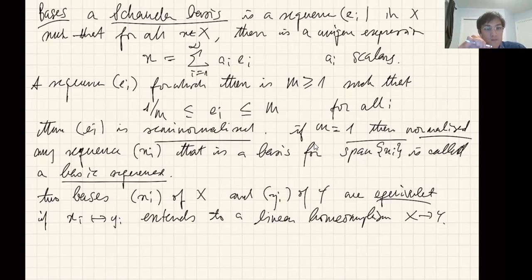And so it basically means that X and Y are isomorphic in some way, and they're isomorphic topologically, which doesn't mean that the balls are sent to balls of the same size.